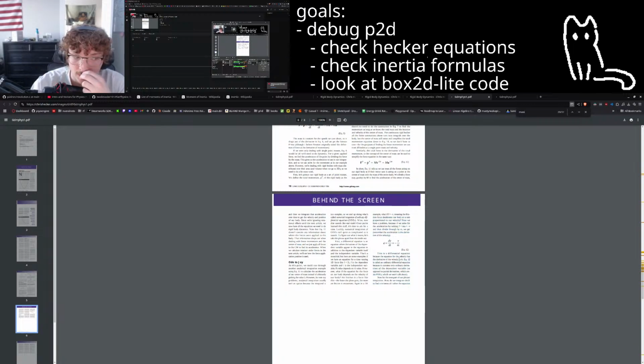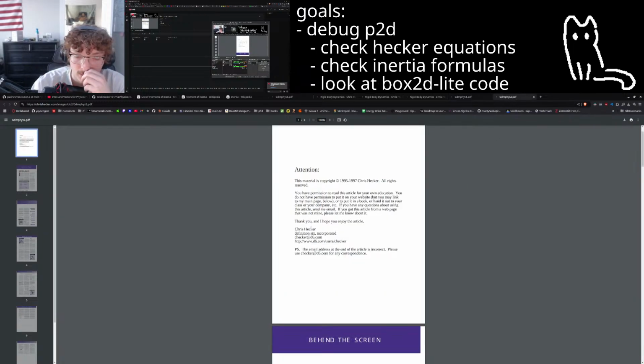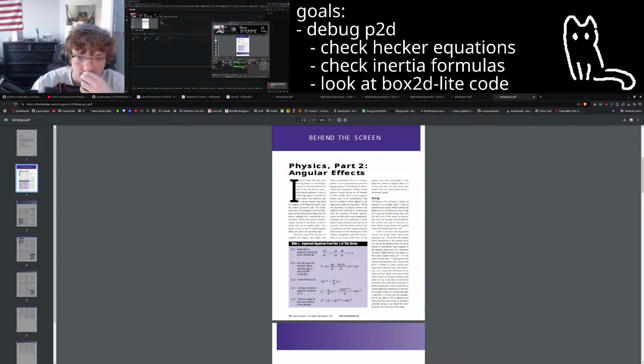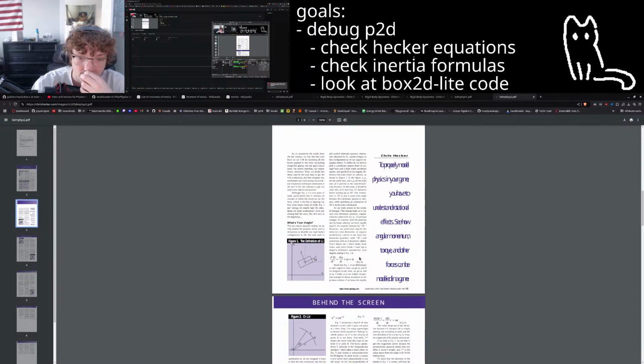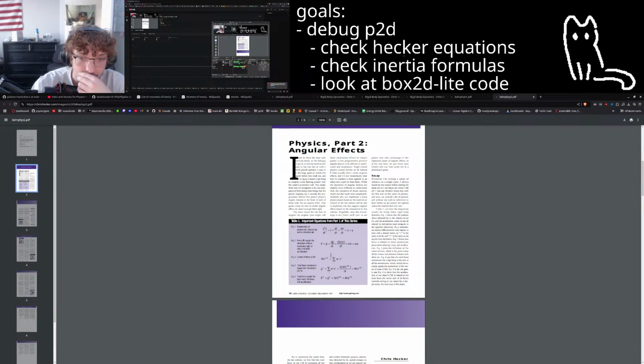Yeah, I'm not seeing anything interesting. Angular effects. Rotation, velocity, acceleration.